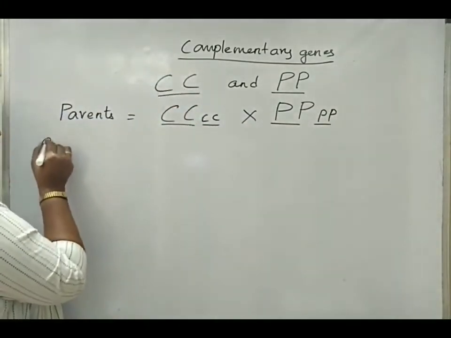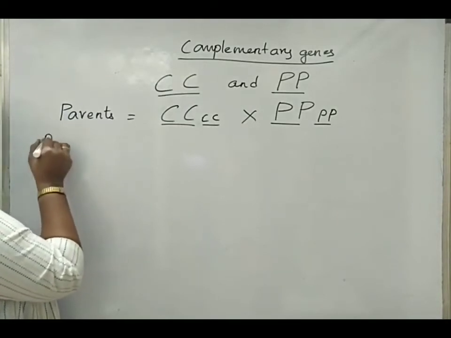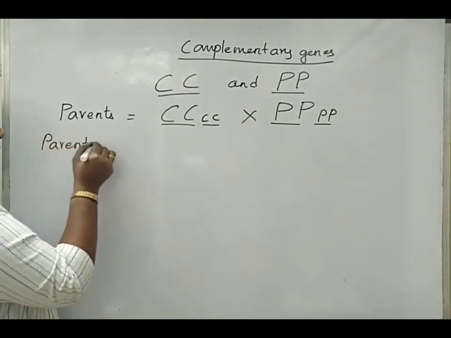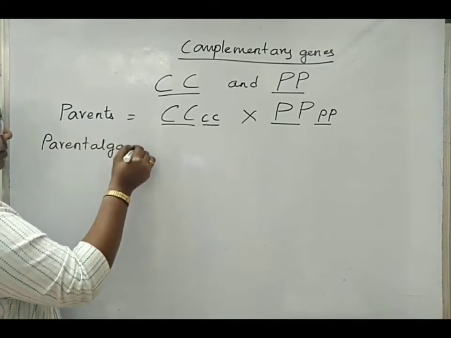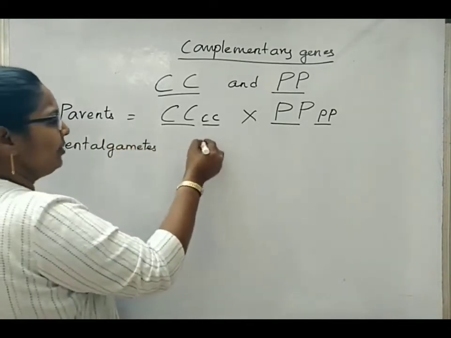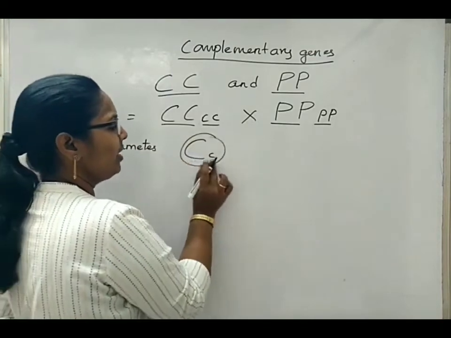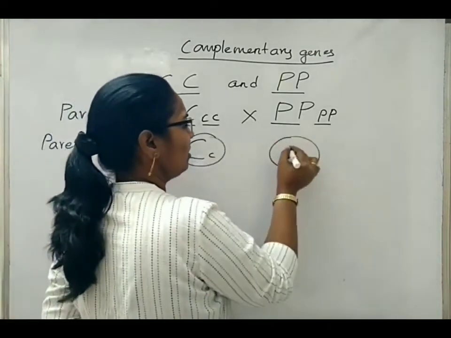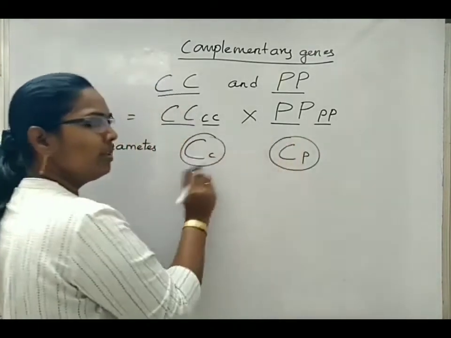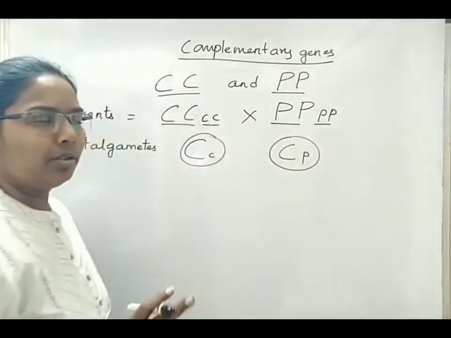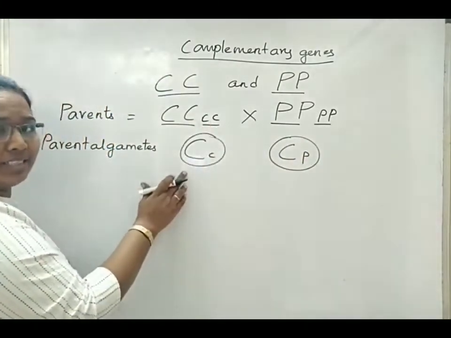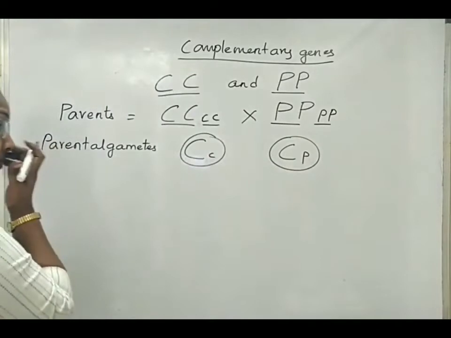Let's take parental gametes. So if you see the gamete types, it will be like this: one dominant allele, one recessive allele. Here also one dominant allele, one recessive allele. So from each one we will get four of the same types of gametes.